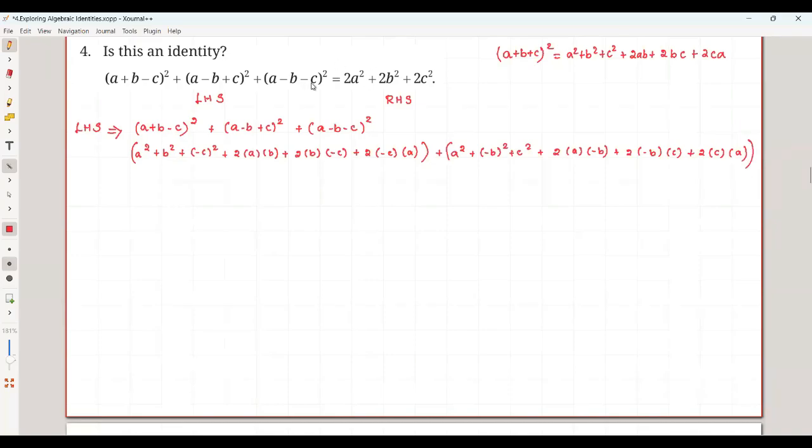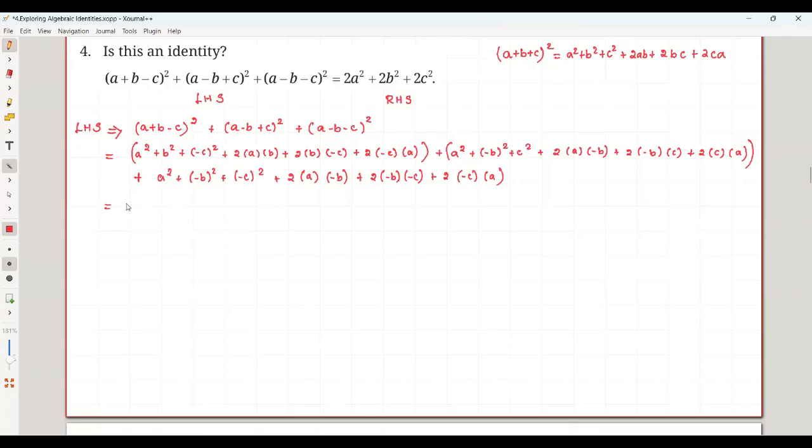Now again the third one, (a minus b minus c) the whole square, you again have to take plus. Continuing, a square plus b square plus c square plus 2ab, where the b value is minus, plus 2bc, plus 2ca. That's it. Now we have to expand.